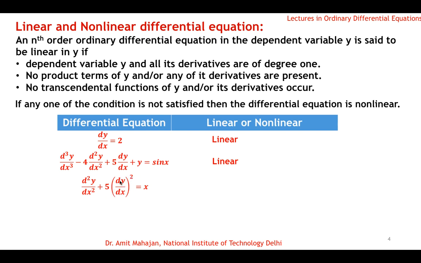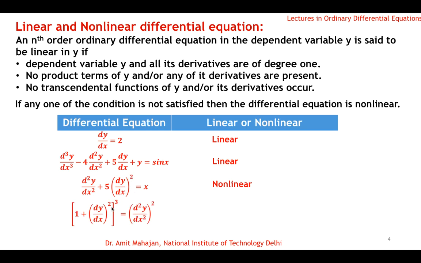So this derivative term is multiplied, or squared. Because of this, it can be written as dy by dx into dy by dx, so the derivative term is multiplied with the derivative term. So this equation is a non-linear differential equation, because the second condition, or the first condition, does not hold: derivatives are not of degree 1. Okay, the first derivative is of degree 2.